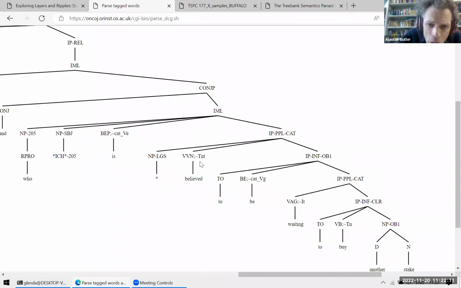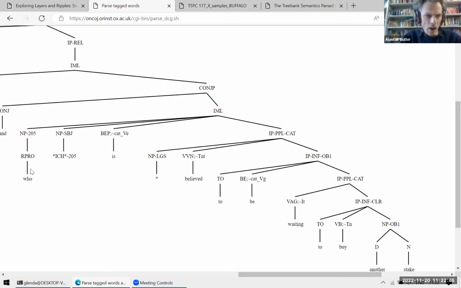But this code here is very interesting. This is a TNT code: a transitive verb that takes a to-infinitive as its object complement and a derived object. So it's something that does not actually contribute an argument to believed, but contributes a subject via control to the object infinitive here.